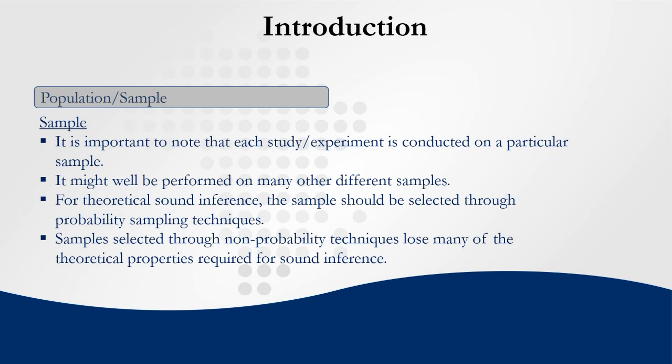So in real life, it's not always possible to select a sample using probability sampling techniques. When we use non-probability sampling techniques, some of the theoretical properties required for sound inferences are lost, but we are still able to make inferences. However, you have to make them correctly and be aware of the limitations.